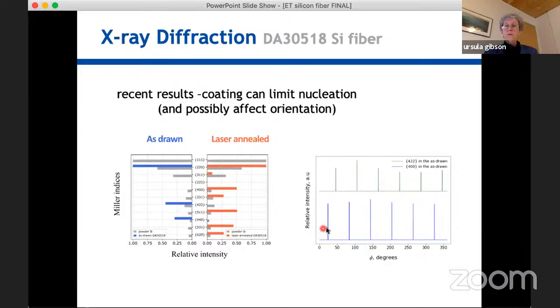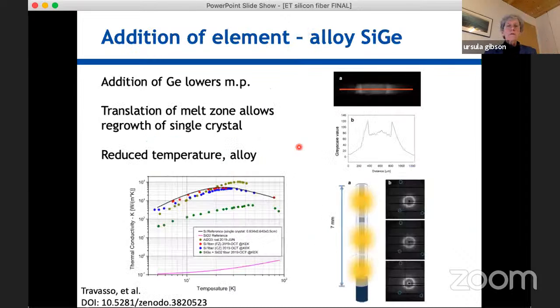And if you look at the rotational scan of this material, what you find is that it is a single crystal. And we have even found that different coatings can influence what orientation is preferred along the axis of the fiber. So interface coatings can help, but there's another area where we find huge improvements in materials.